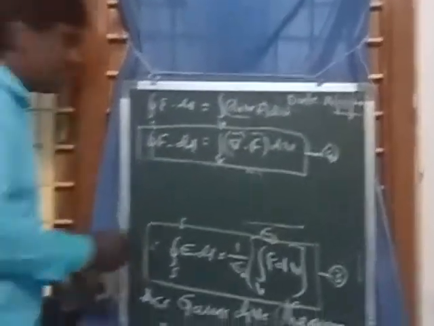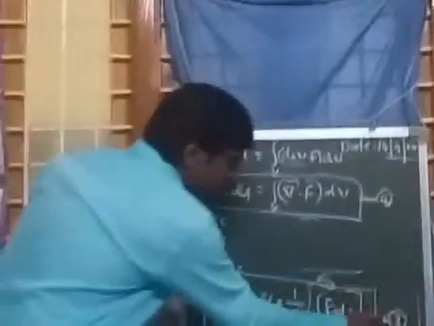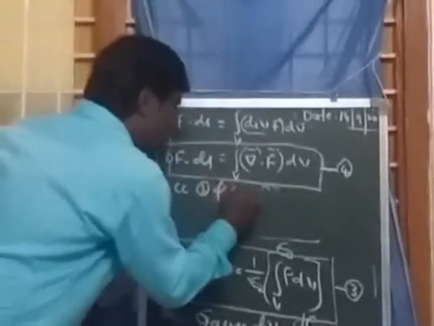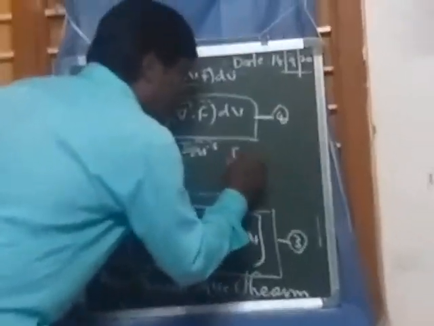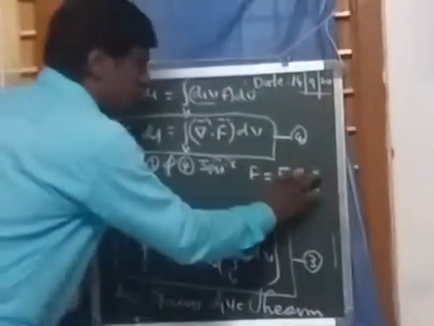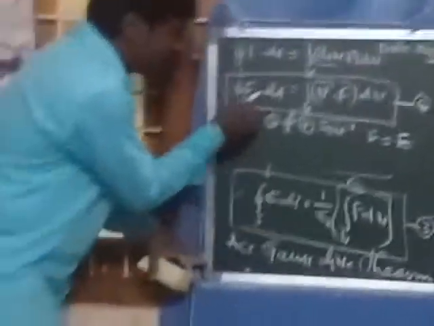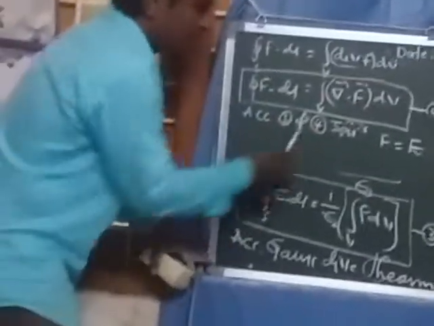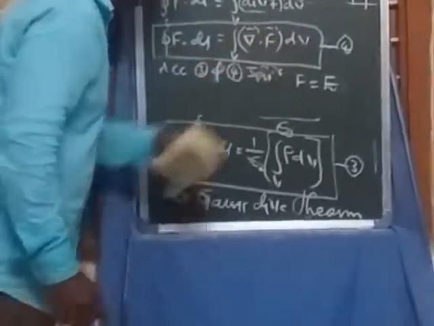Therefore, taking equations 3 and 4, what can we understand? Suppose the force F is substituted by the intensity of electric field E. Then we get E dot ds, which can be written as the volume integral of del dot E dv.